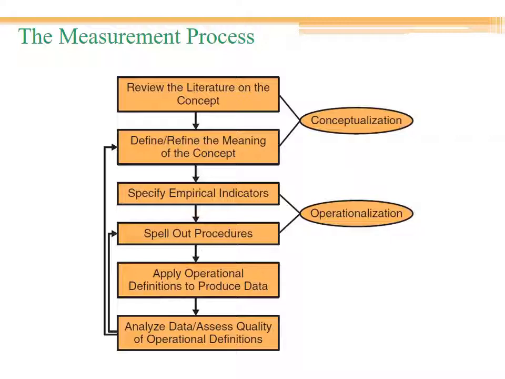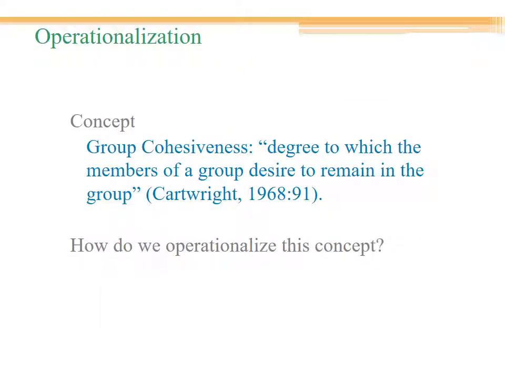Let's look at some examples to help our understanding of these two steps. We'll look at how to conceptualize and operationalize group cohesiveness. A classic definition of group cohesiveness is offered by Dorwin Cartwright's 1968 article on small groups.